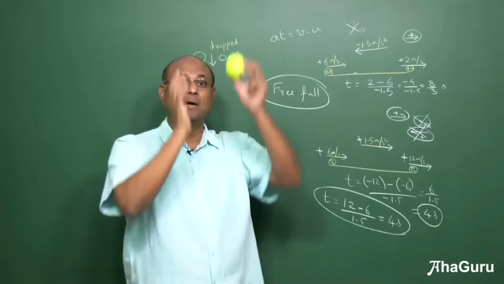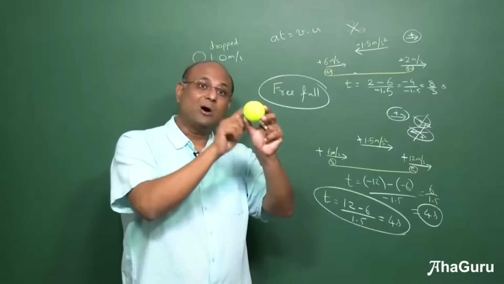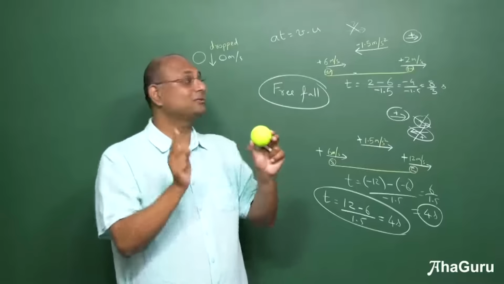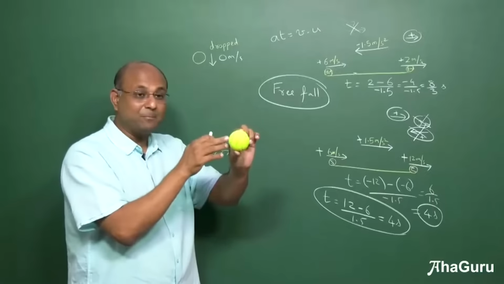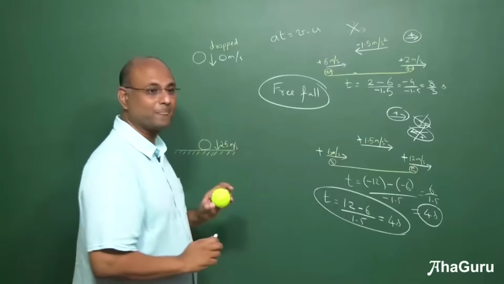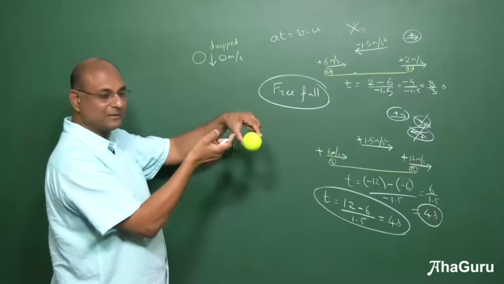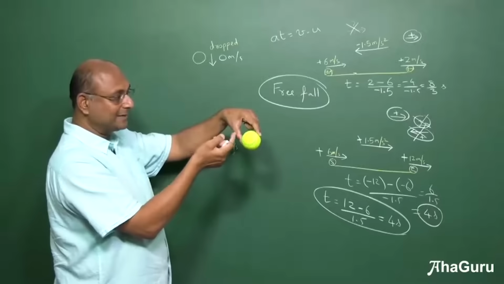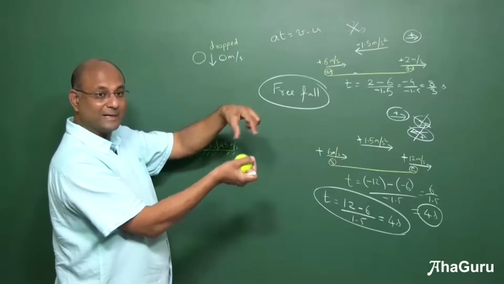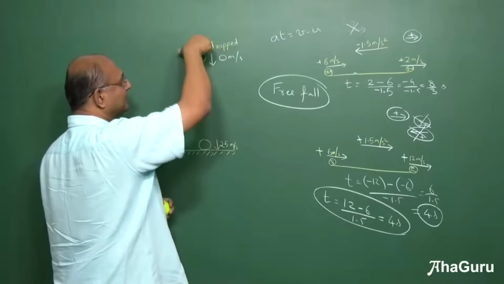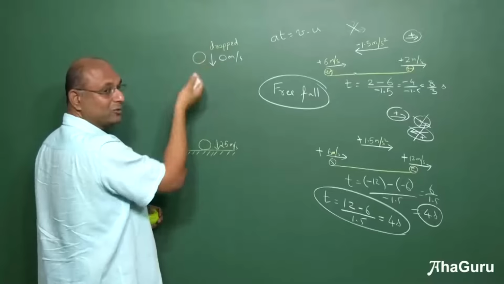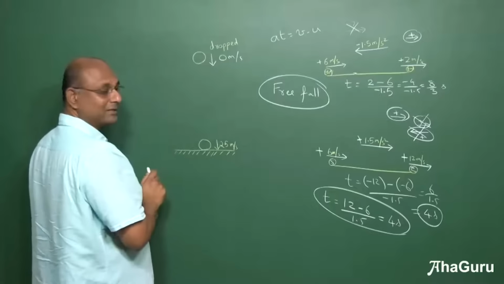If you're moving in a balloon and you drop, the ball has the same velocity as the balloon. Drop does not always mean 0. It means same velocity as the person who is dropping. Right now, think of my hand at rest, the ball is at rest when I drop. So drop basically means the person leaving and the object both have the same velocity. So anyway, this is 0.